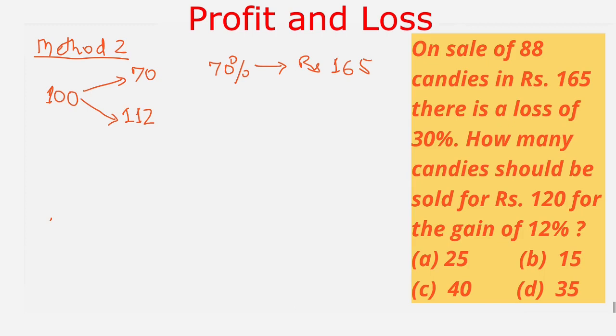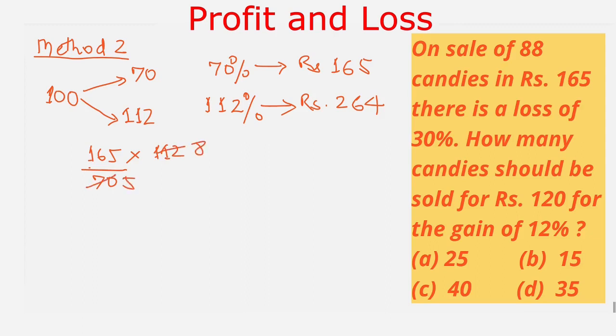Now if we want to have the profit of 12%, then we should find the amount for which we have to sell the 88 candies. So 112% should be equal to how much? 112% will be equal to rupees 264, which we can calculate like this: 165 upon 70 multiplied by 112. 112 is divided by 14 for 8 times, and 70 for 5 times, and 5 divides 165 for 33 times, and 8 times 33 is 264.